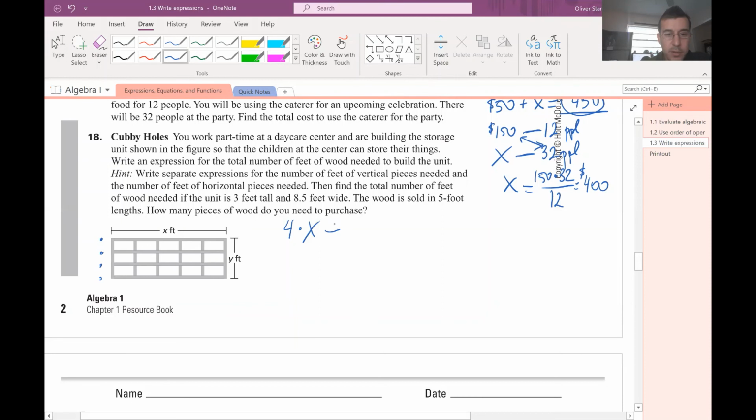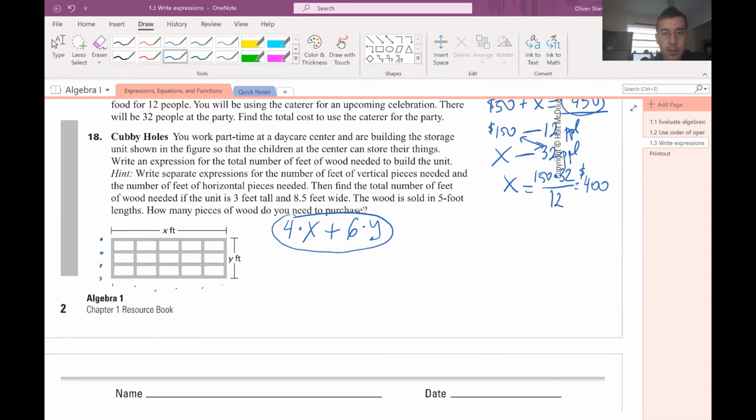And then plus there are 1, 2, 3, 4, 5, 6. There are 6 vertical pieces of wood. So 6 times y. That's the expression. Okay. And that's the most difficult part. Once you figure out the expression, then it's just a matter of substitution.